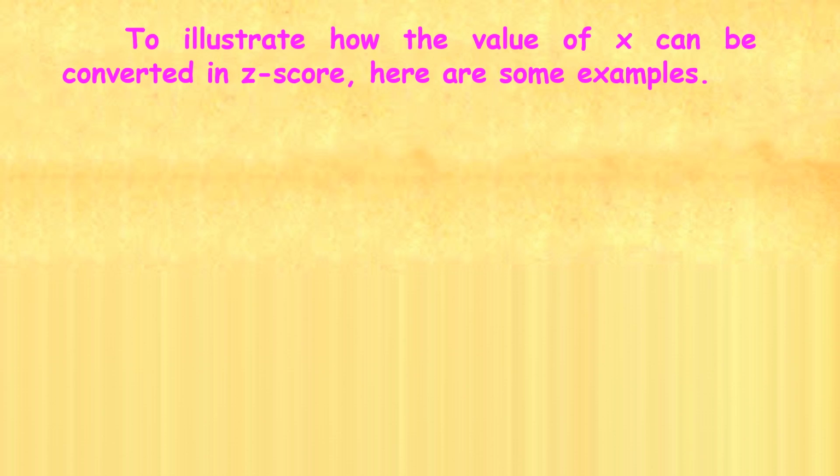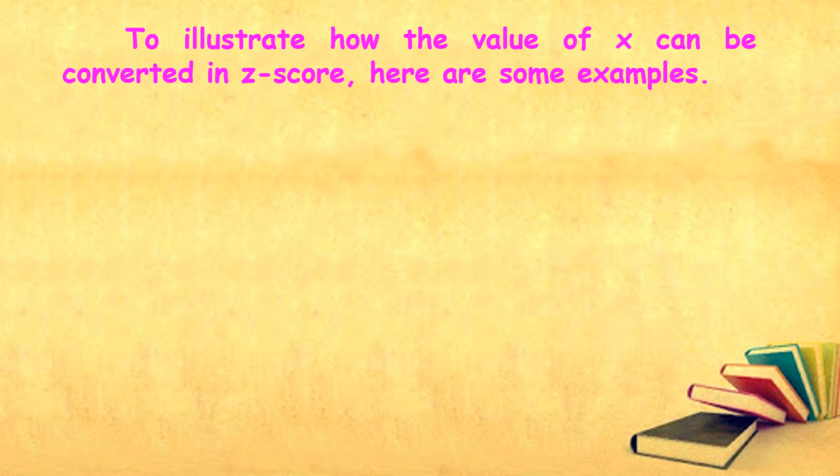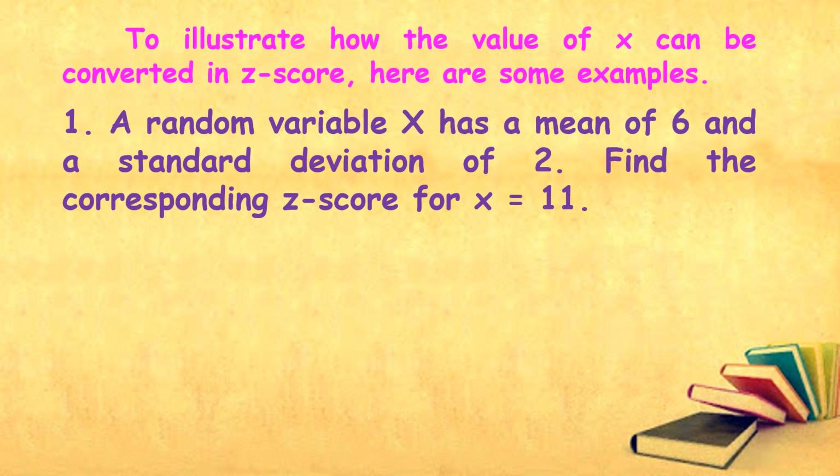So, to illustrate how the value of x can be converted in z-score, here are some examples. Number 1. A random variable x has a mean of 6 and a standard deviation of 2. Find the corresponding z-score for x equals 11. So, in this example, i-convert natin yan into z-score.